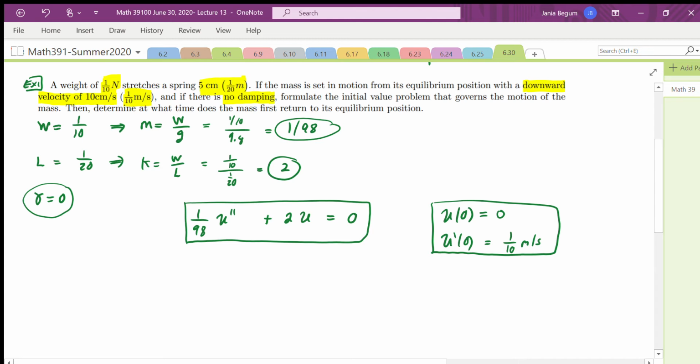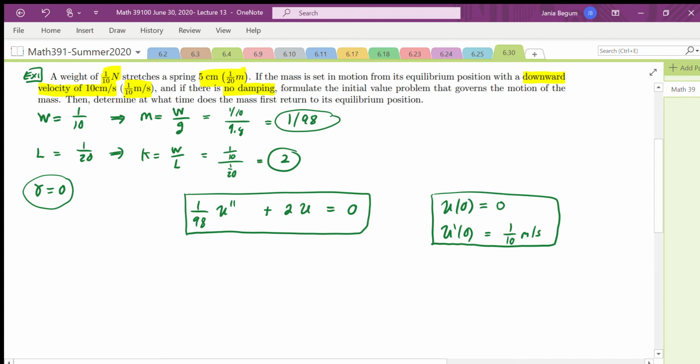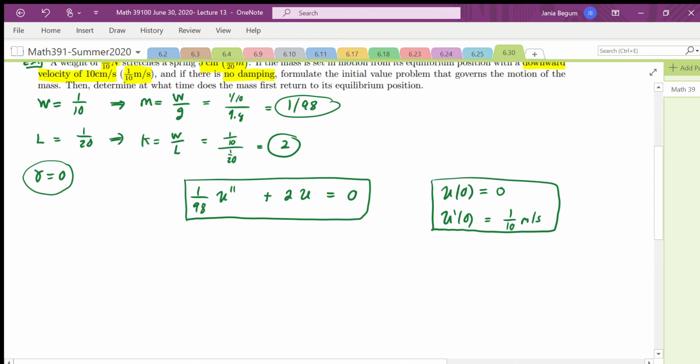Now for the other half, we want to determine at what time the mass returns to its equilibrium position. That means we need to solve the equation and see when it comes back to equilibrium. This differential equation is a second order, constant coefficient, homogeneous equation, so we know how to solve it.